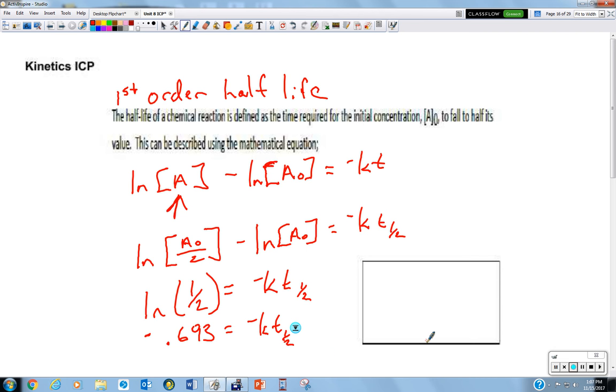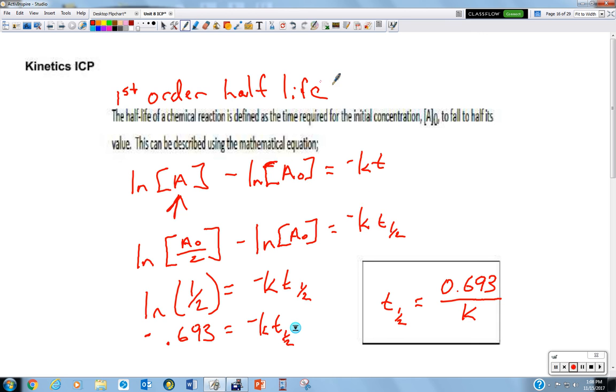All right. So we can further manipulate it, and if you look on your equation sheet, you should see this one on there. So half-life equals 0.693 over K. And that one is all the way down at the bottom. So that is your first order half-life.